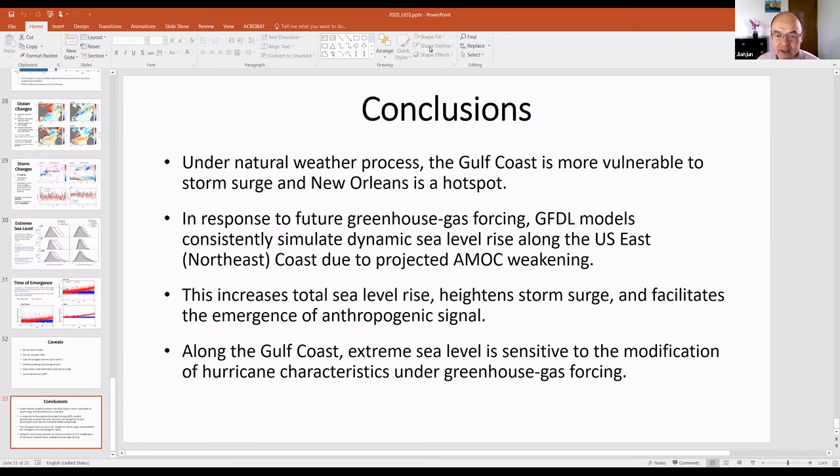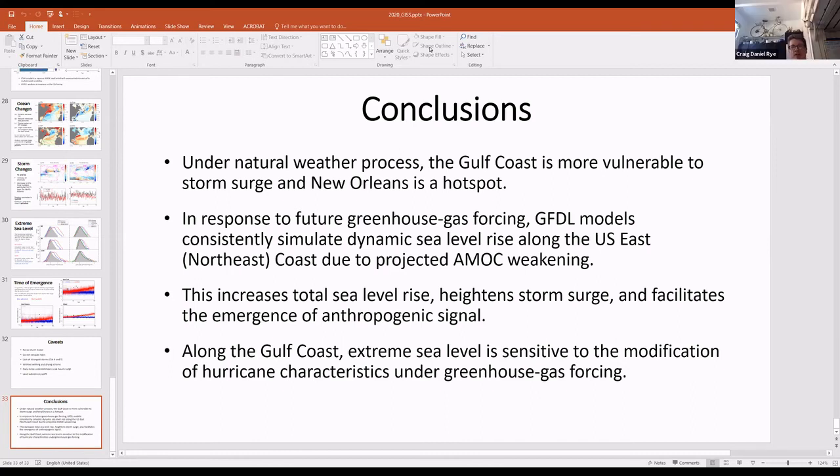And in our study, we saw that if the AMOC strength changes, that also can alter the cross-current sea level gradient, which can cause additional sea level rise along the coastal region. I know there are many similar works out there. Thank you very much.